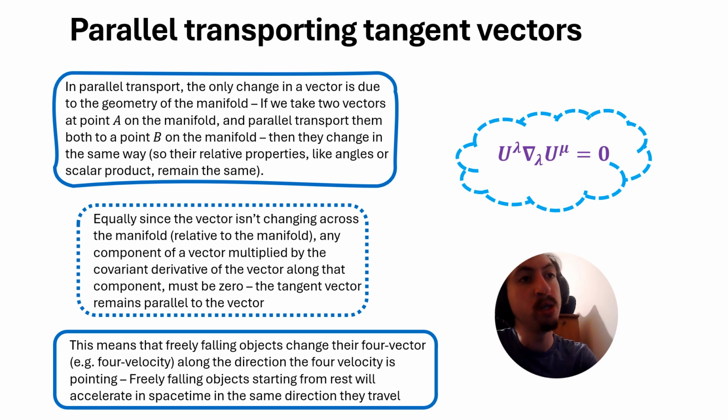Now, a way to interpret this equation is, as we will come to see, parallel transporting a vector is what happens if you're describing a four-vector for an object in free fall under gravity. And if something is in free fall under gravity, then stationary observers will see that thing accelerate, and it will always accelerate in the direction in which it is travelling.